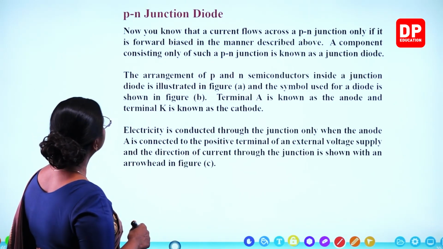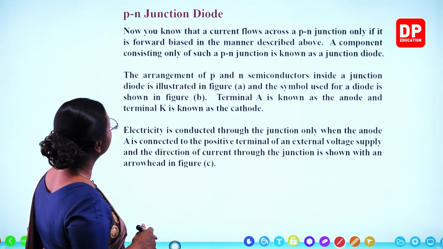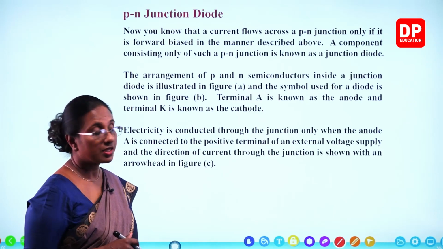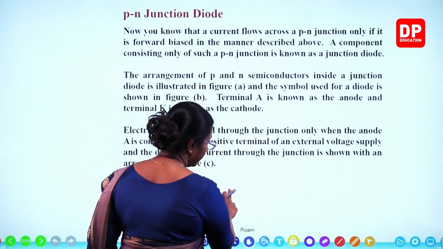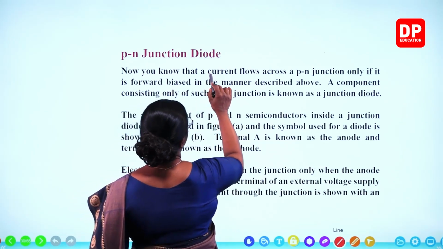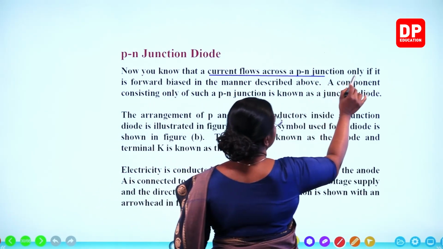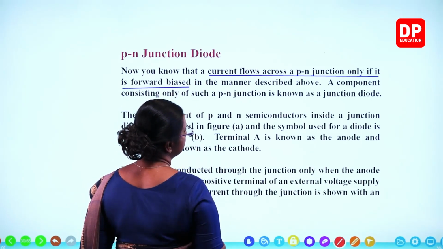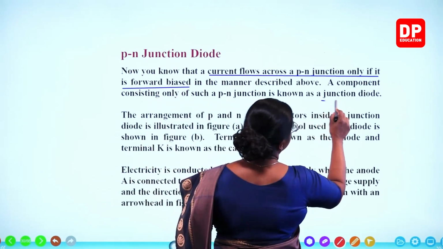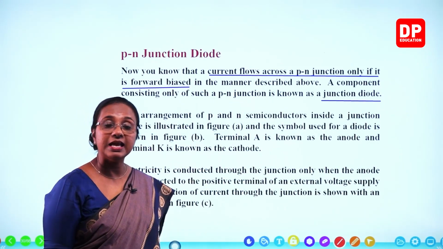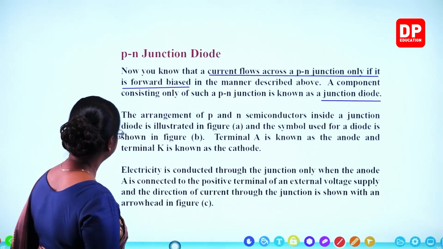A component consisting only of such a PN junction is known as a junction diode, or a PN junction diode. This is something you need to know.